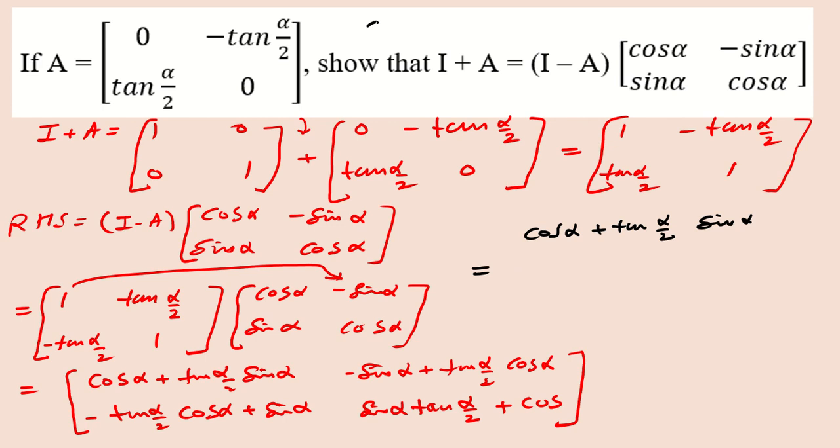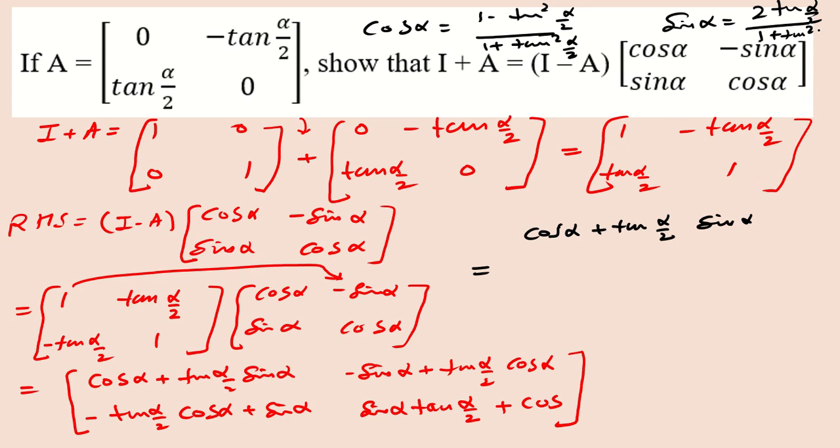You can use cos alpha is 1 minus tan square alpha by 2 over 1 plus tan square alpha by 2. That is the identity of cos 2A. And sine alpha can be used as 2 tan alpha by 2 over 1 plus tan square alpha by 2. Okay. So just utilize these identities and you will get the answer easily.